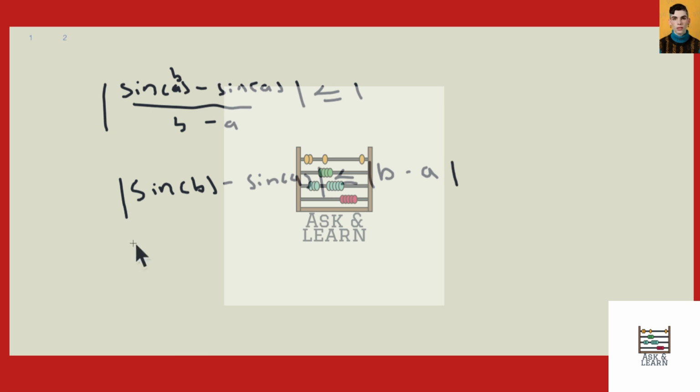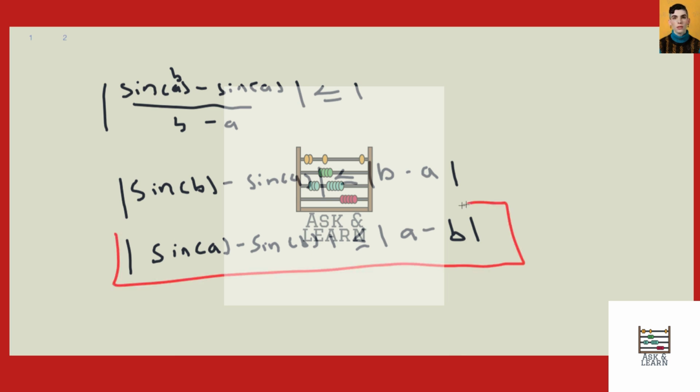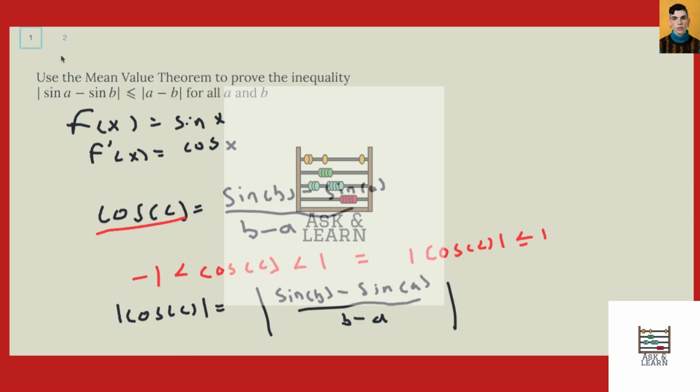And then we can rewrite this as the absolute value of sine of a minus sine of b is less than or equal to the absolute value of a minus b. And that is our proof. We have now proven our statement.